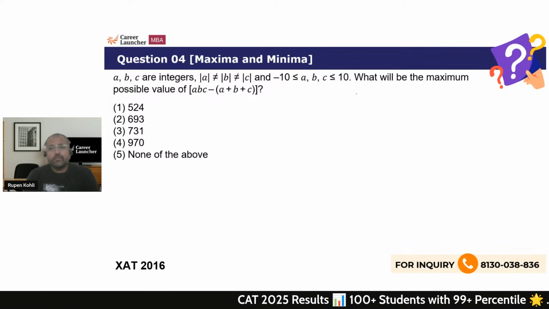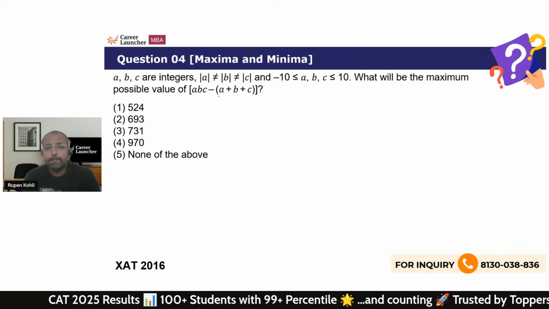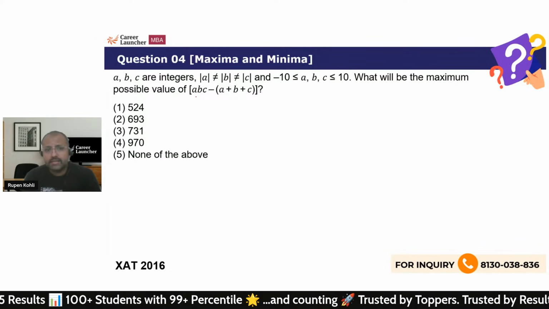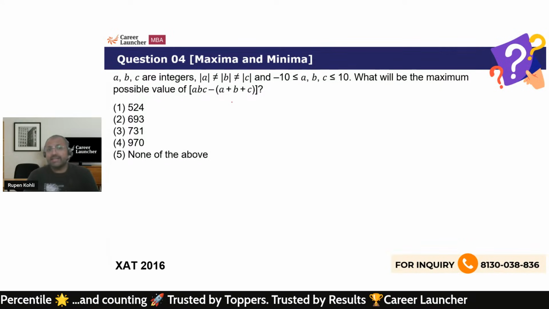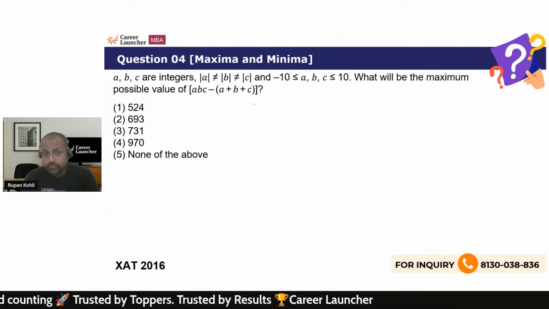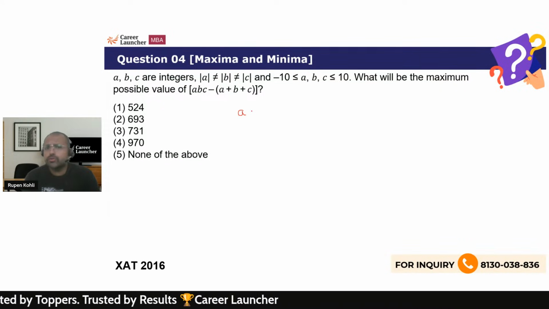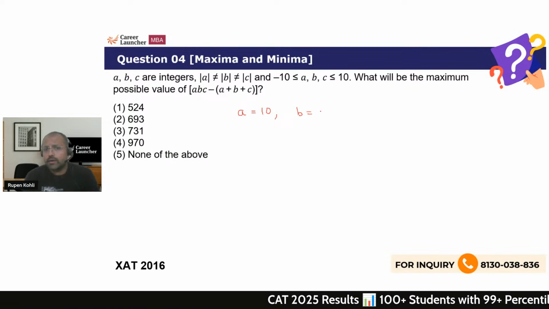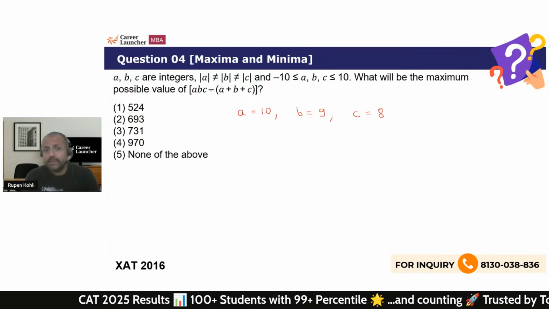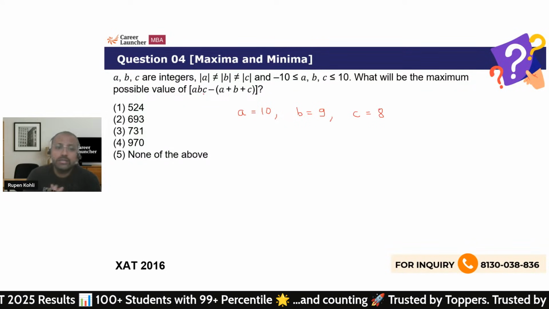With that, we have to maximize ABC minus (A plus B plus C). So obviously, the first thing we think about ABC is that we have to take distinct magnitude of values. So a good choice could be taking them as 10, 9, 8, the highest magnitude of values, right? Now, however, there's an issue with that, because this is good as far as maximization of ABC is concerned.